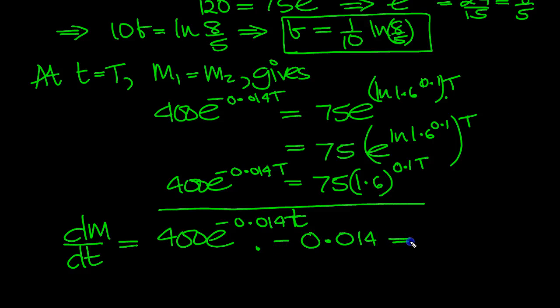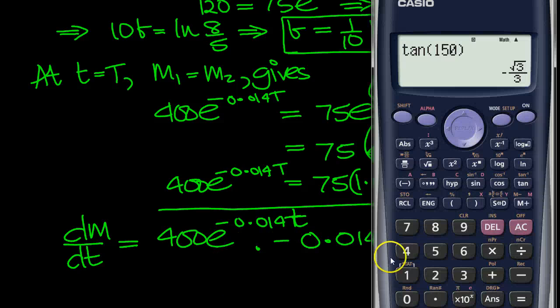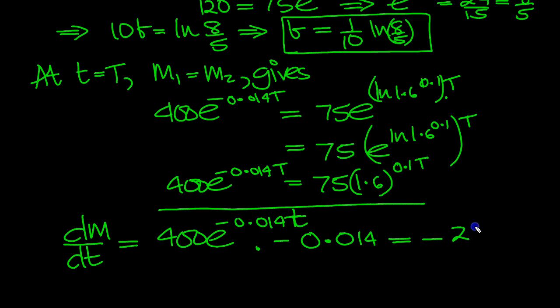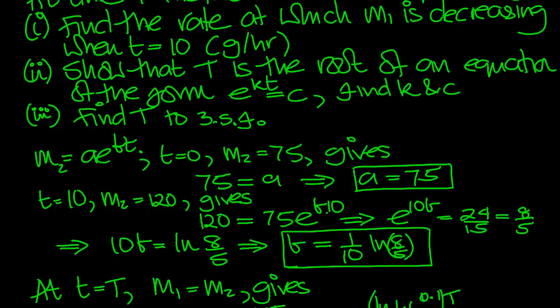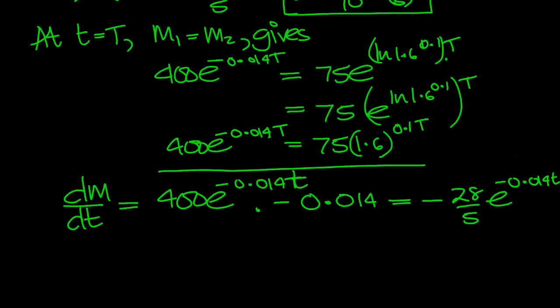So what does that equal then? Well, it's negative, and then let's just do 400 times 0.014, 28 over 5. So it's minus 28 over 5 e to the minus 0.014t. So when t was what? t was 10? Okay.